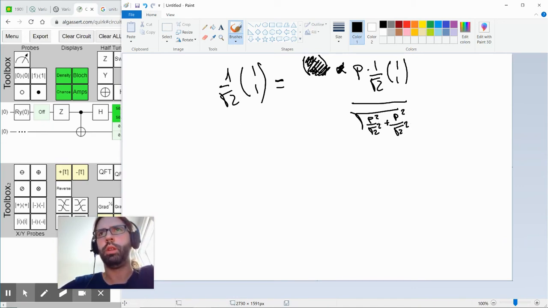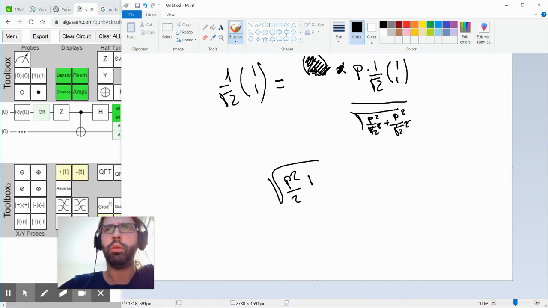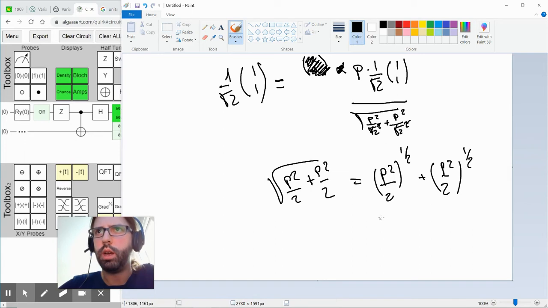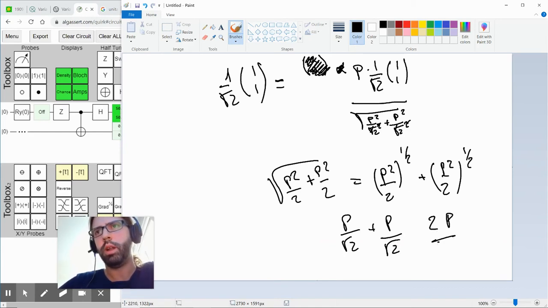These things cancel out and I get P over 2. So I got P squared divided by 2 plus P squared divided by 2. But this in turn is equivalent to P divided by square root of 2 plus P divided by square root of 2. So 2 times P divided by square root of 2. I hope my maths are not that rusty.